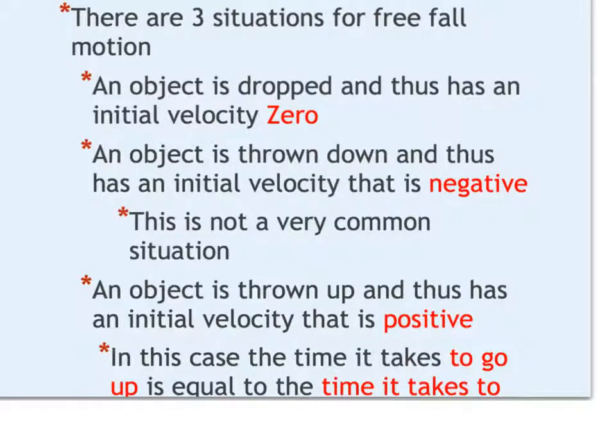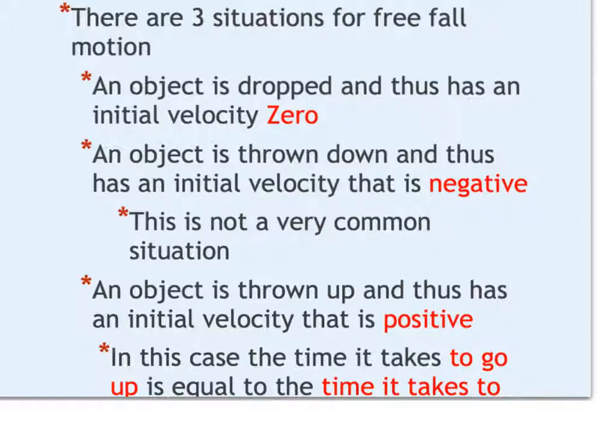We have three main situations for free fall motion, and they're all dependent on what our initial velocity is. We can have an object that's simply dropped, and that gives us an initial velocity of 0. We can have an object that is thrown straight down, and thus has an initial velocity that is negative.